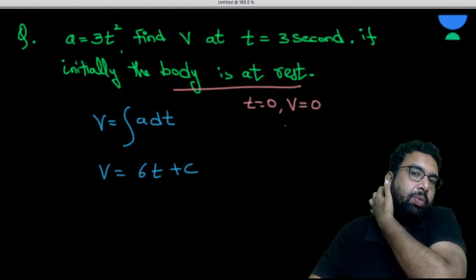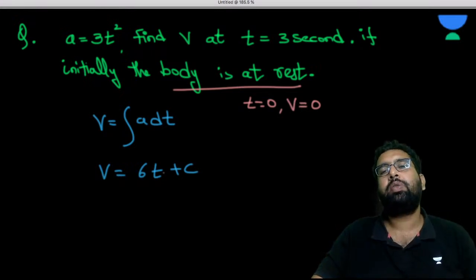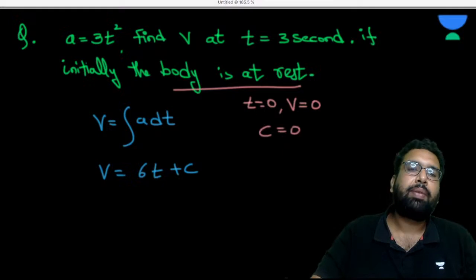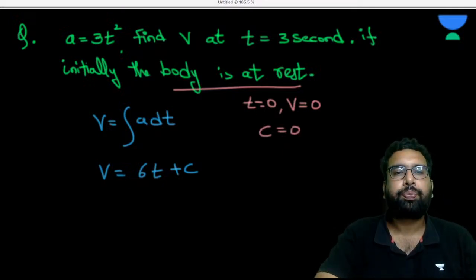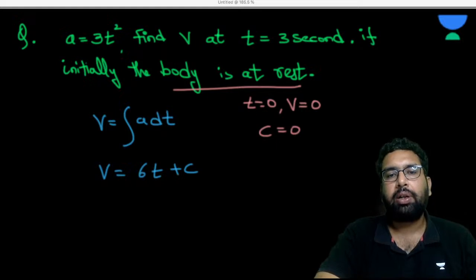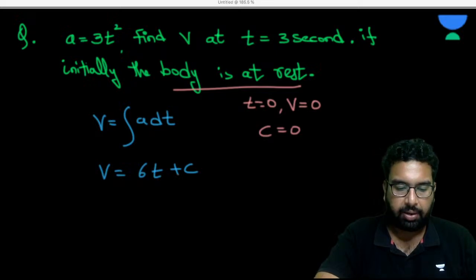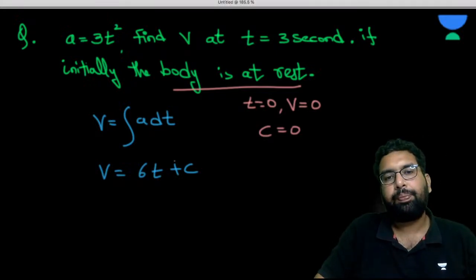So when t is 0, velocity is 0, c is also 0, right? Now, c being 0, the velocity is given by t cube.